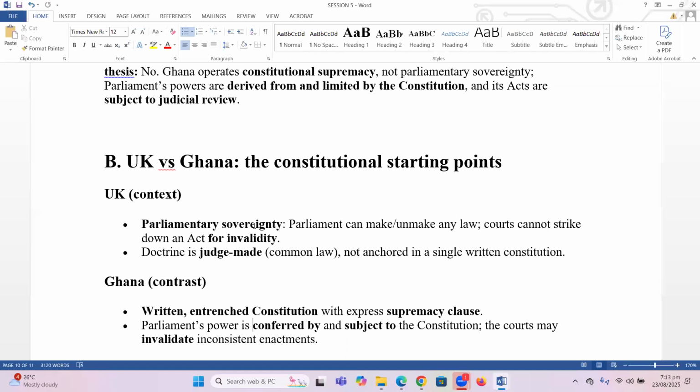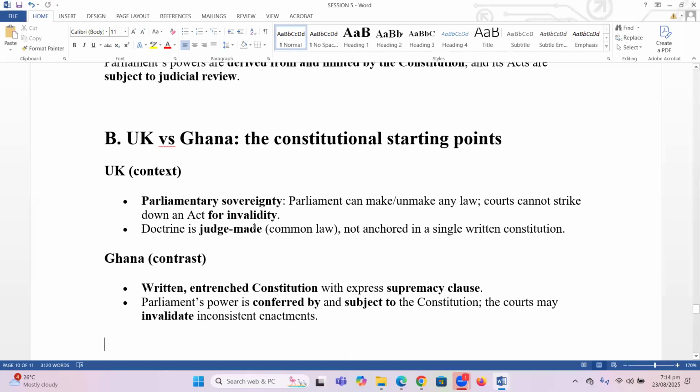Recently, remember the cannabis legislation, how it was actually struck down for not having gone through some mandatory procedures. And I also remember the CI, the Electoral Commission instrument, which was struck down for not having gone through the 21 days mandatory laying and gazetting before it would come into force. So all those things reinforce the point that our Parliament is not supreme.